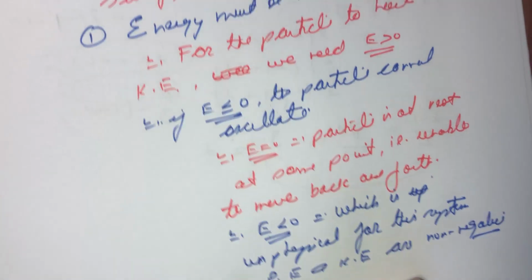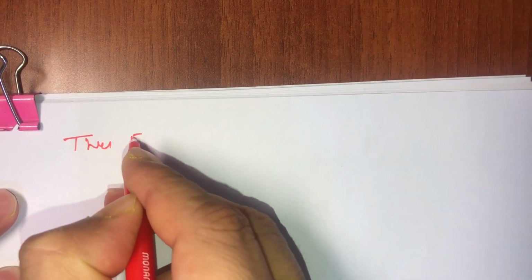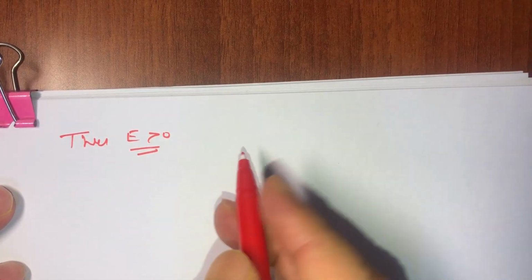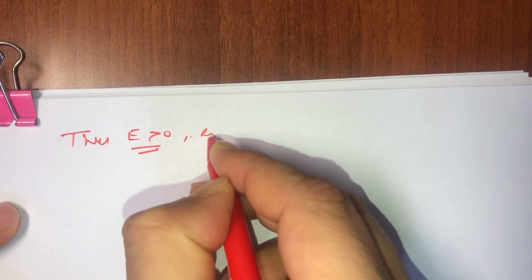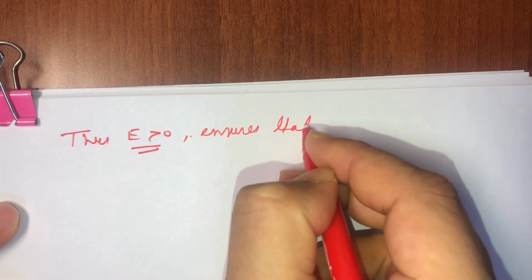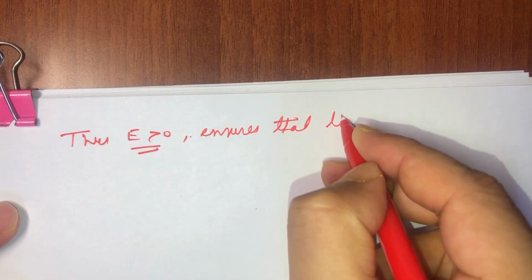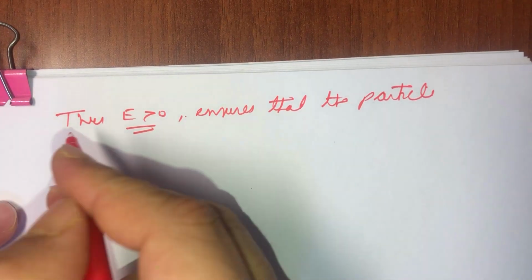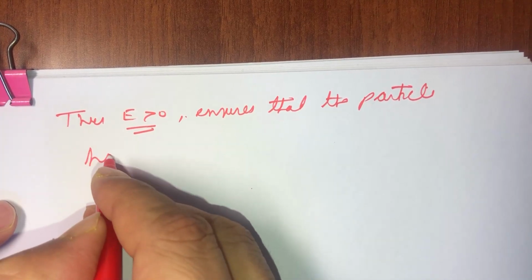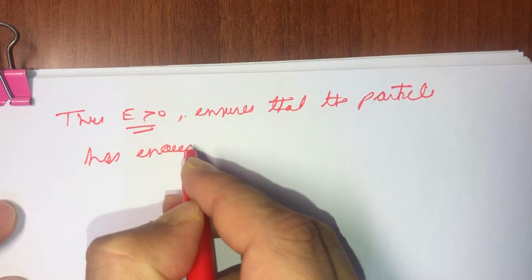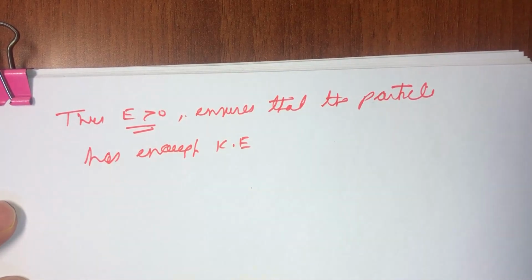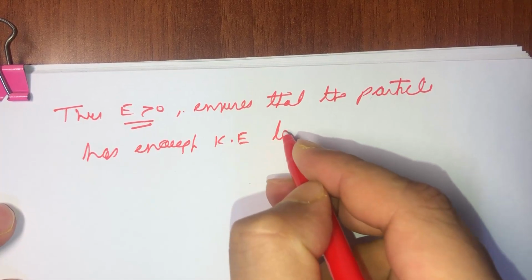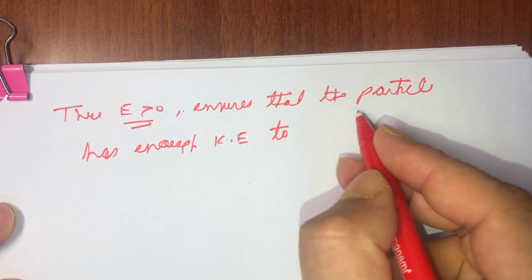So therefore we can say that E greater than 0 ensures that the particle has enough kinetic energy to execute SHM.